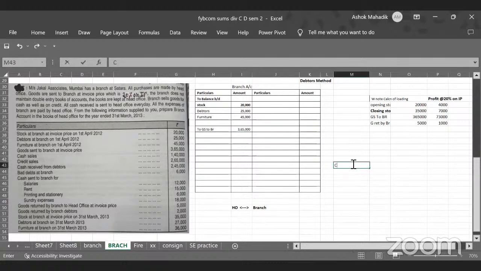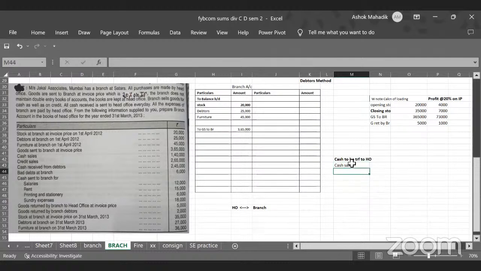But still, I'll record this cash sales here as a part of working note. That is cash to be transferred to HO. Now, in the first paragraph, it was told that branch, whenever receives cash, it sends it to head office.